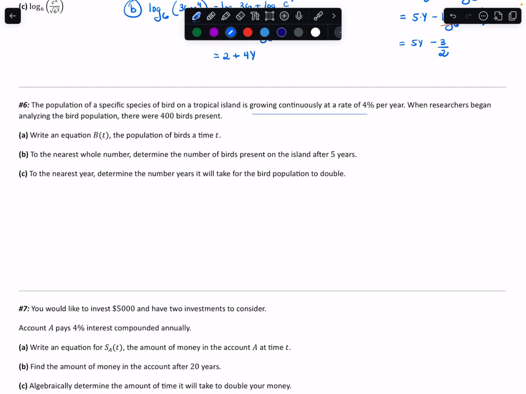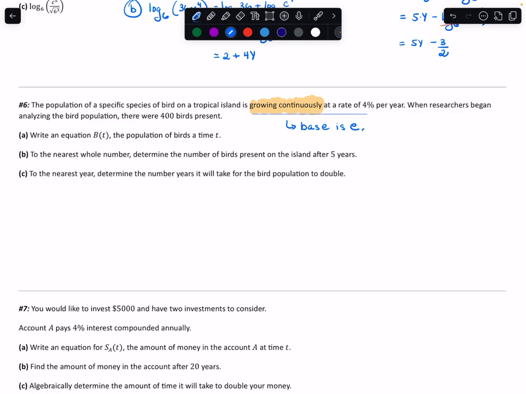I could have given you any rate, but I picked growing continuously for a reason. If somebody tells you that something is growing continuously, that tells you that the base of this exponential function is e, okay, per year. Anywho, when researchers began analyzing the bird population, there were 400 birds present, right?